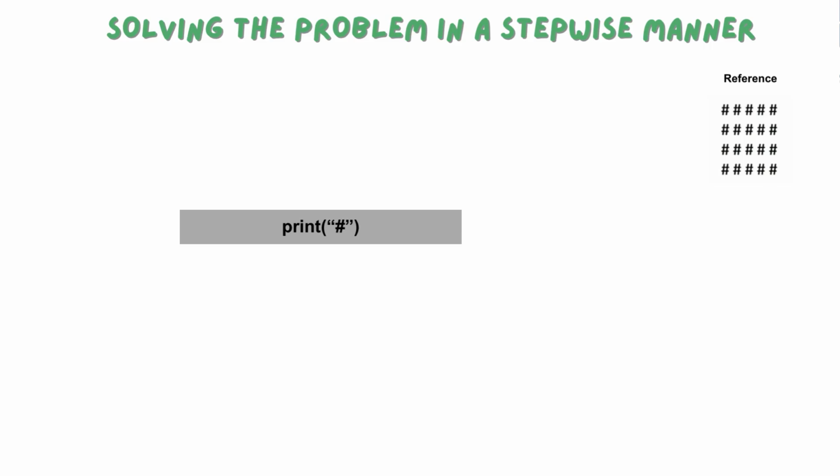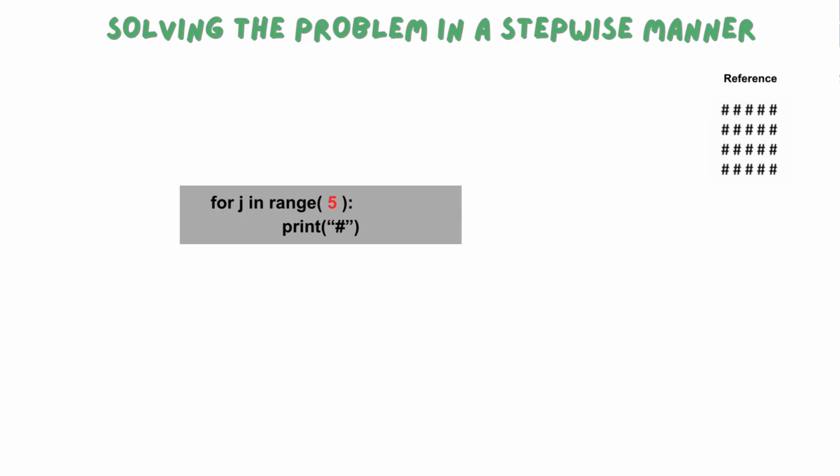I can enclose this print statement in a for loop, let's say for j in range, what do I write? 4? If I write 4, it will repeat 4 times. But how many hashes are there in the column? 5. So I would write 5. I would want this print statement to be repeated 5 times.